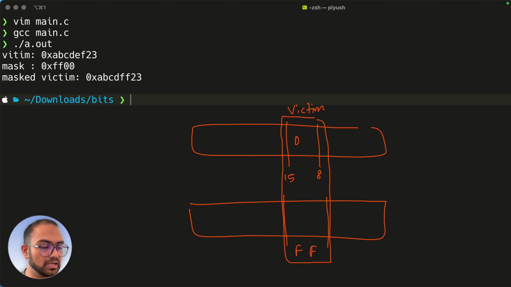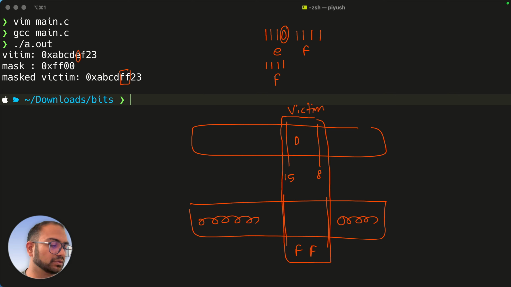So the E here, this is E and this is F. This bit got set, and as a result, this got converted to F. So we see an FF here, but everything here was 0.